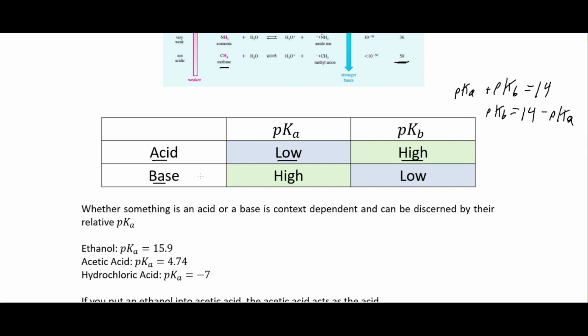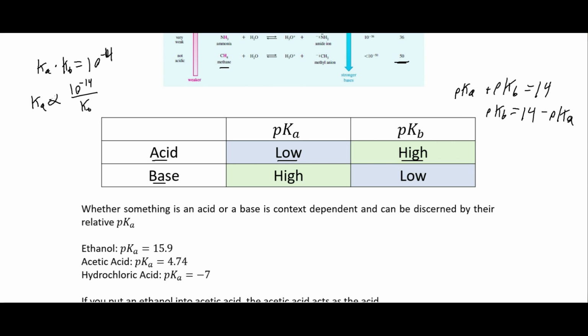This is going to be a theme in acids and bases, that the acidity of something and the basicity or alkalinity of something are always going to be inverse. And you can actually see that with the equation. Ka times Kb is equal to 10 to the negative 14, that's supposed to be a 14 there, which means Ka is equal to 10 to the negative 14 over Kb.